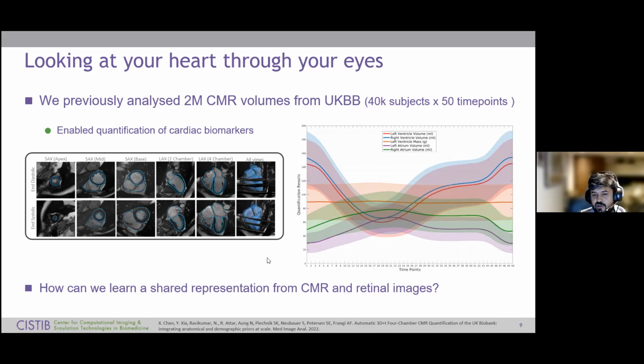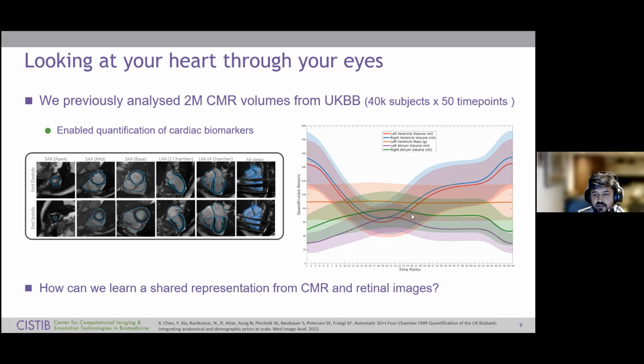And just to show you something that is quite unique, this was the first study that ever computed the variability in the volumes of the heart across such a large population for the full cardiac cycle.